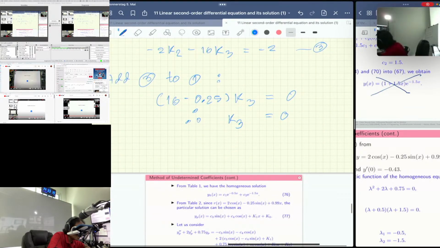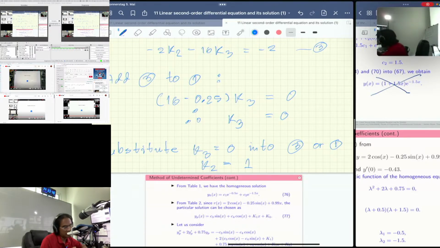Let's substitute K3 equal to 0 into equation number 3 or equation number 1. You get K2 as number 1.